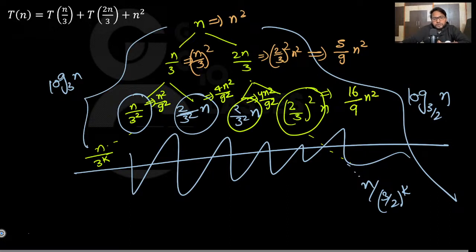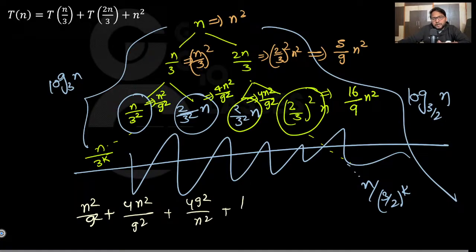So can you add all of this? This is n square by 9 square plus 4 n square by 9 square plus 4 n square by 9 square plus 16 n square by 9 square, right?